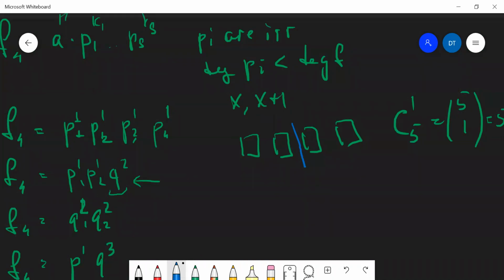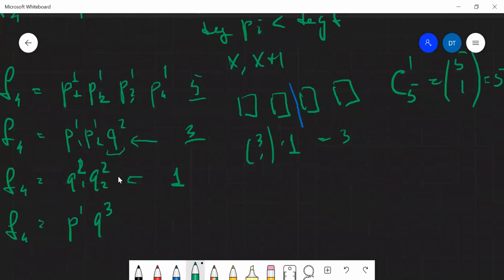So it will be 3 choose 1 times 1, which is 3. So here we have 5. Here we have 3. Now, what do we have here? We have only 1 polynomial of degree 2, so the only option for each factor is the only irreducible polynomial of degree 2, so there is only 1 product.